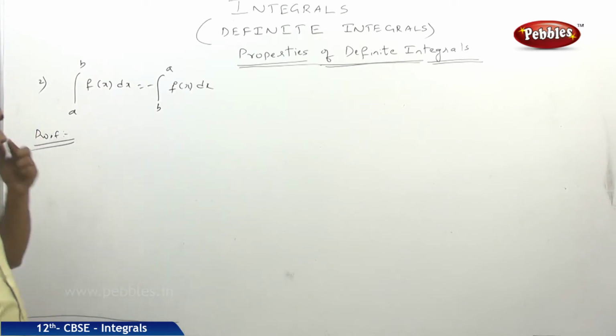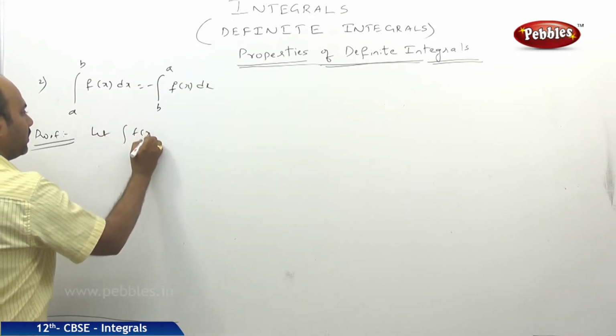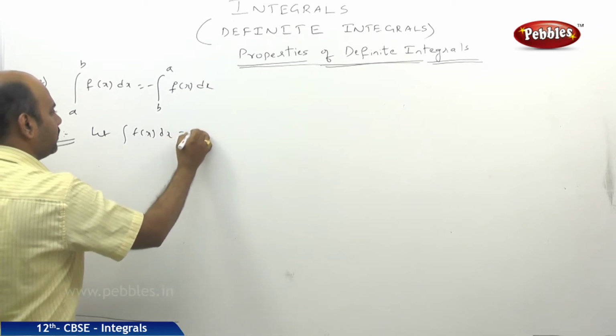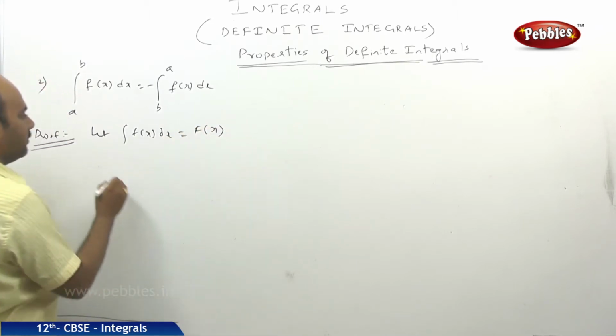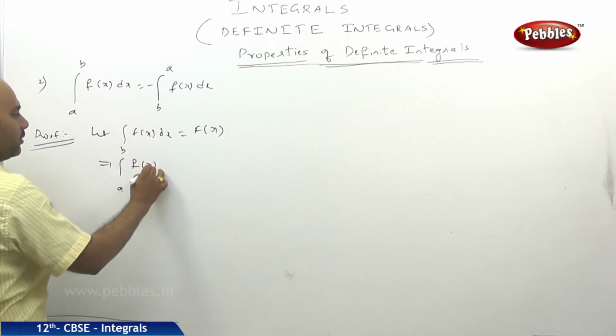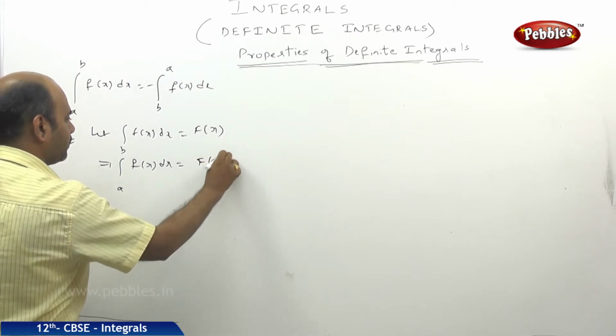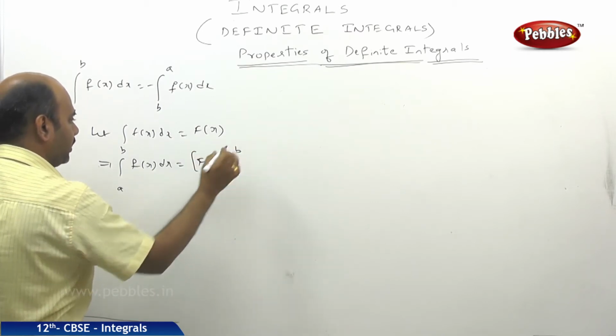We shall also see the proof of this particular property. How I will be doing is, same pattern, let integral of f of x dx be equal to, I call it as F of x. Now I will be applying the limits, integral a to b f of x dx is equal to F of x from a to b.